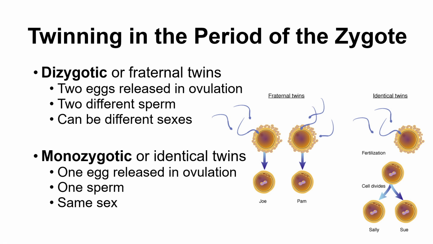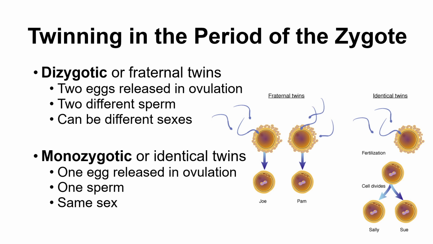For those of us who are interested in the genetic components of things like behaviors or even psychological disorders, having these two types of twins and understanding that they have differing amounts of genetic similarity, our identical twins being 100% the same and the fraternal twins only being 50% the same, we can actually use that knowledge to help us determine if something has a strong genetic component or not.